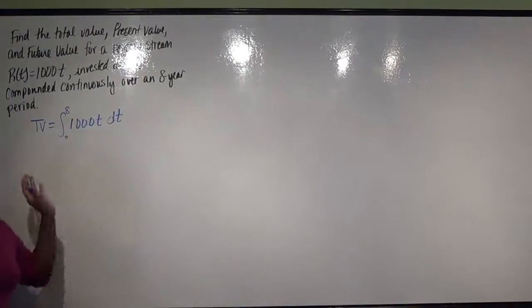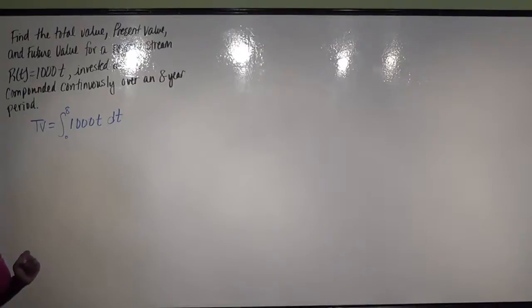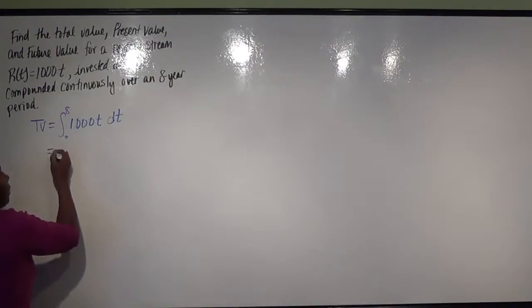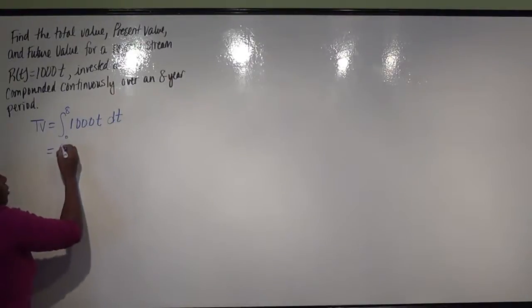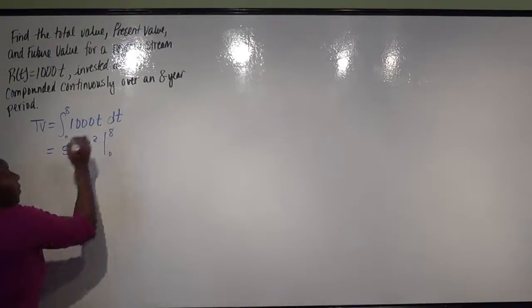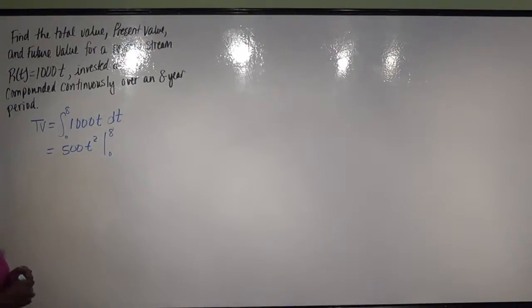And again, of the three, this is going to be the nicest one to calculate because again, I can look and see that my basic properties work here. So taking my antiderivative, I'll get t squared over 2, or 500 t squared over the interval from 0 to 8.